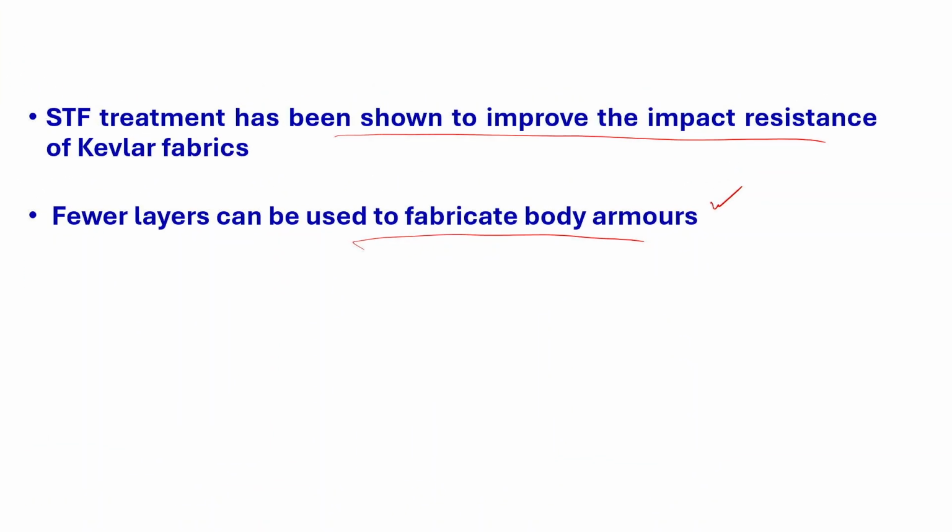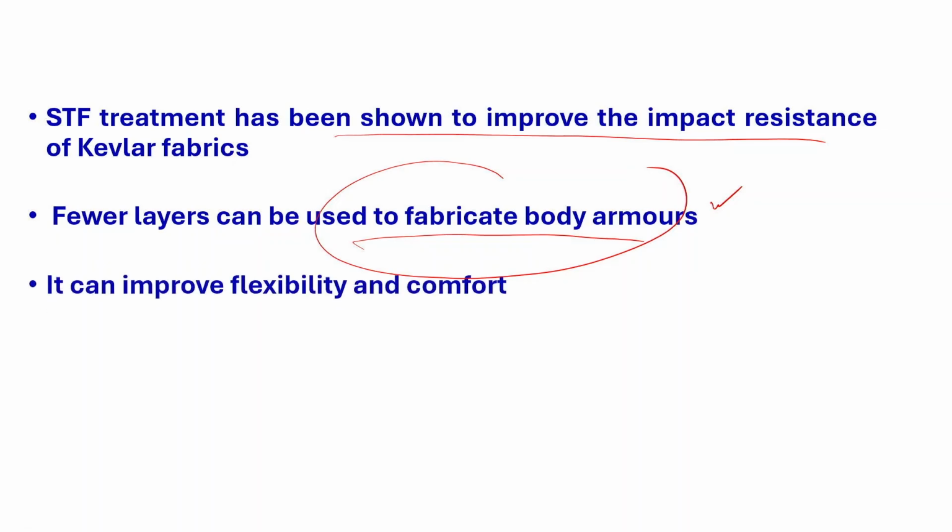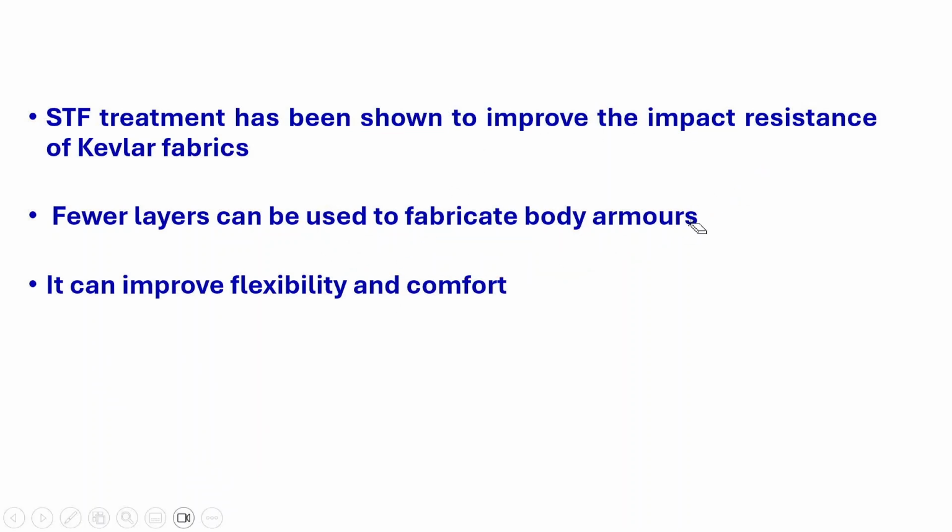So, fewer layers can be used to have equivalent protection. And as we are using fewer layers, it will remain flexible and comfort will be there. Transmission of moisture, vapor and air will be maintained.